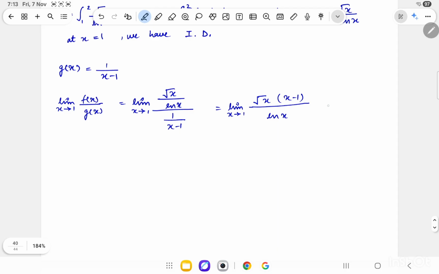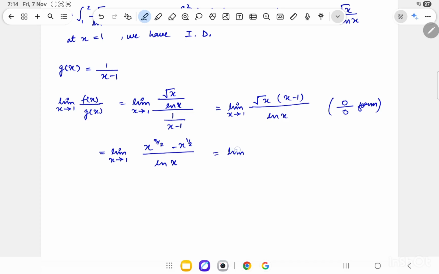Now if you observe, this is basically a 0 upon 0 form. So we need to use L'Hopital's rule in order to find this limit. So let's do that. It will be limit x approaches 1 of x raised to 3 by 2 minus x raised to 1 by 2 divided by ln x. Now let's apply L'Hopital's rule.